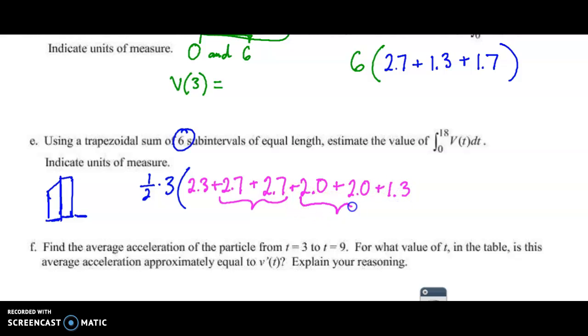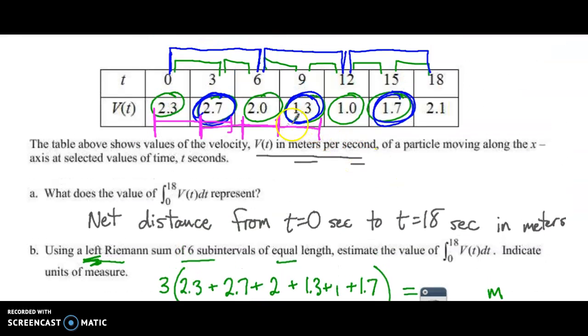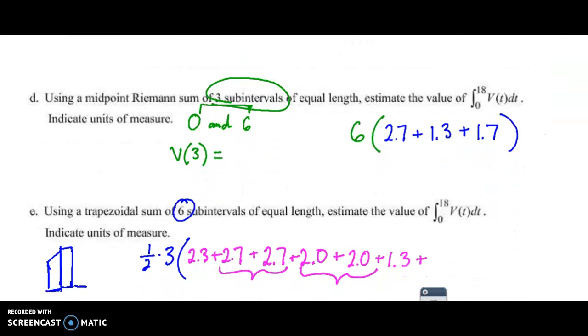And I think you are starting to recognize why there's 2 of each of these in the middle. And as we continue to do 1.3 plus 1.0, and then 1.0 plus 1.7, and 1.7 plus 2.1, it makes sense why we finish without a double on the first and a double on the last.